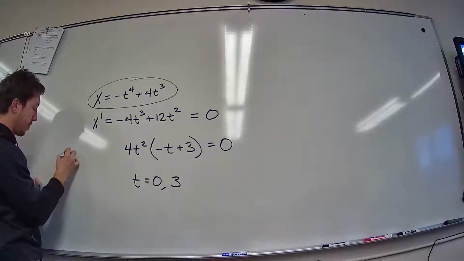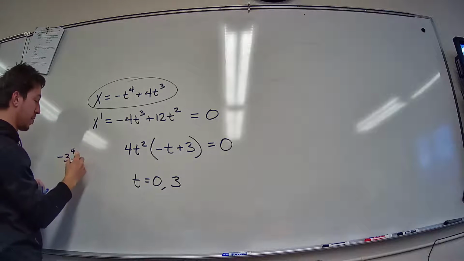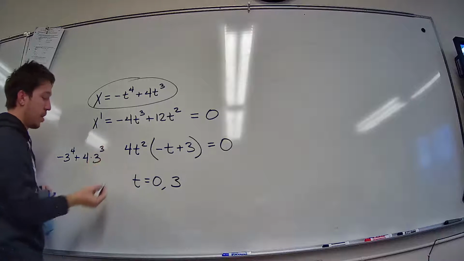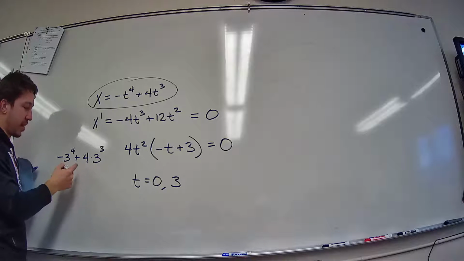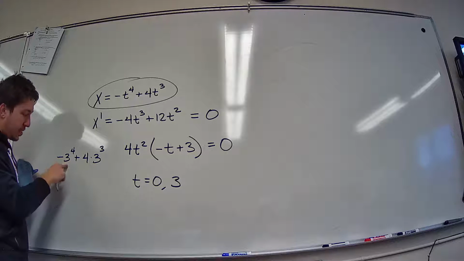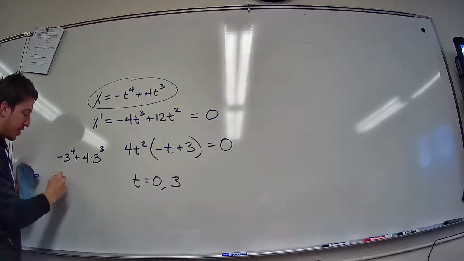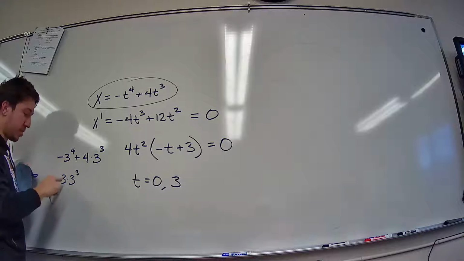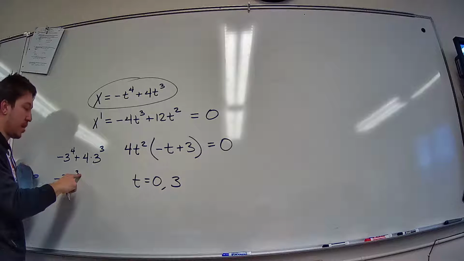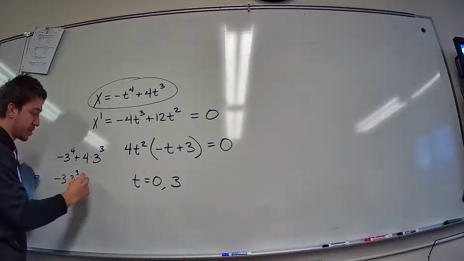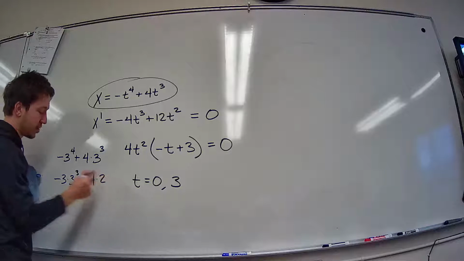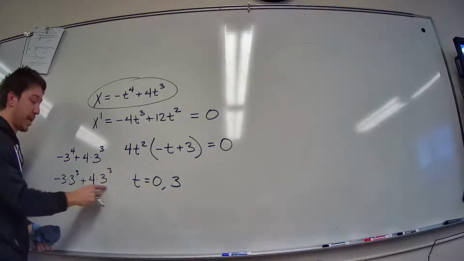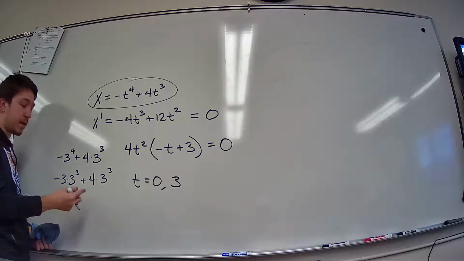So it's negative 3 to the 4th plus 4 times 3 cubed. And I was just saying that sort of a fast way would be this number here is negative 3 to the 4th, which is 3 times 3 to the 3rd. So this is negative 3 27s and this is positive 4 27s. So a bit of a banana theorem. 4 bananas minus 3 bananas makes 1 banana.